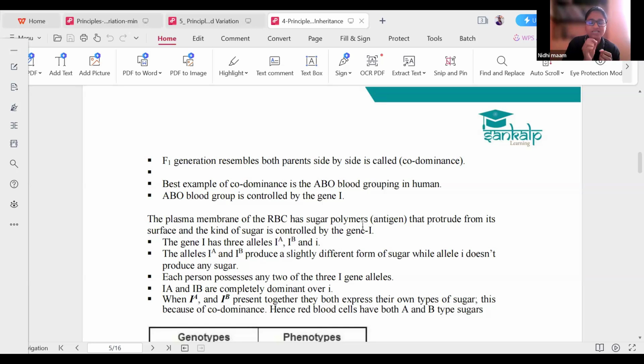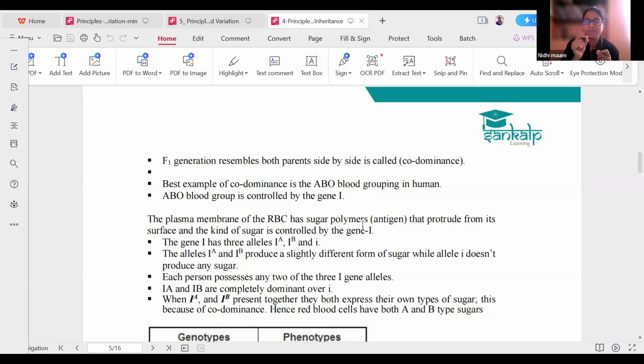As I said before, a gene I has 3 alleles, 3 genetic forms: IA, IB and small letter i. The alleles IA and IB produce slightly different forms of sugar, while allele i does not produce any sugar.